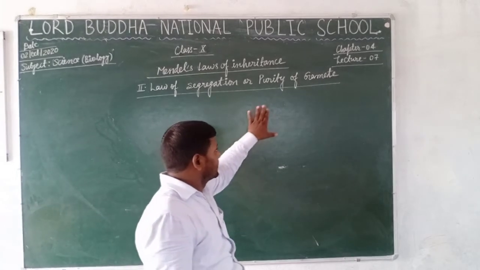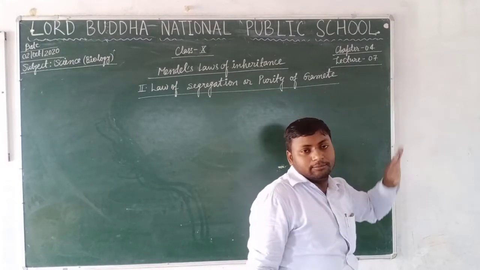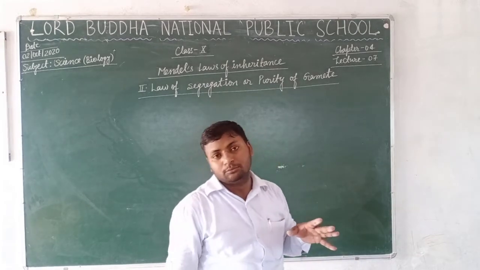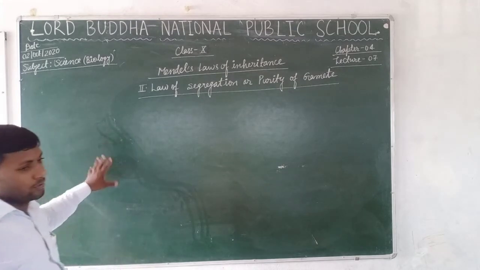Hence this is said to be the law of purity of gametes, and it can be understood with the help of the dihybrid cross example.